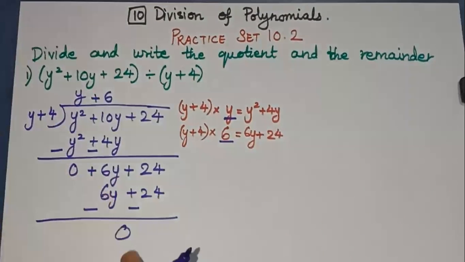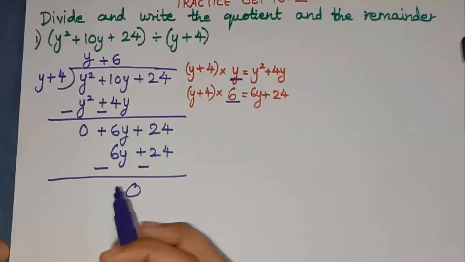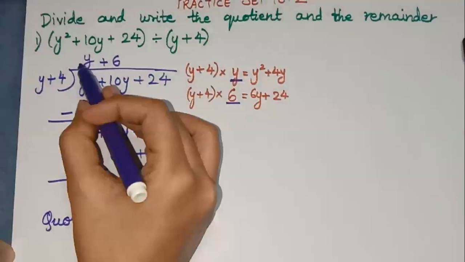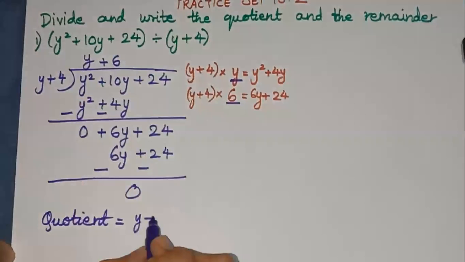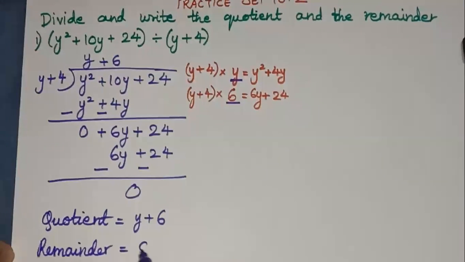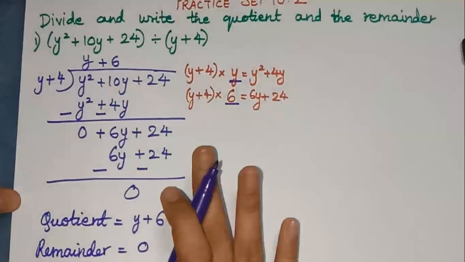So you are getting 0 over here. So your quotient is equal to y plus 6 and your remainder is equal to 0. This is your final answer.